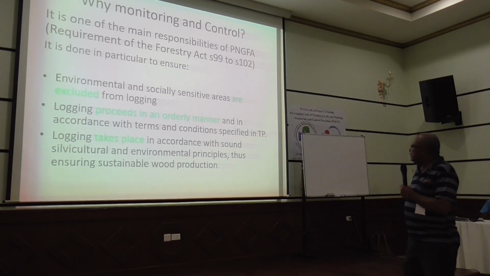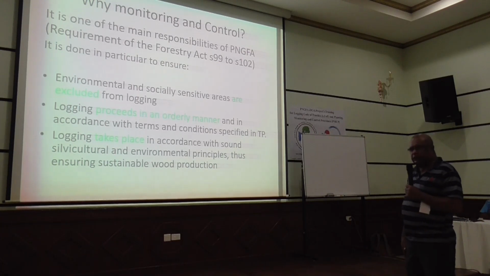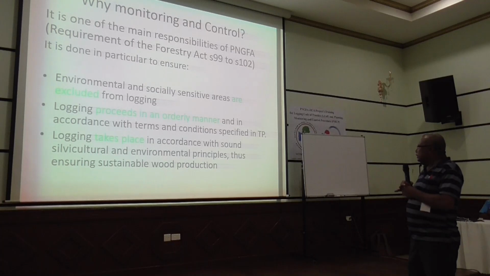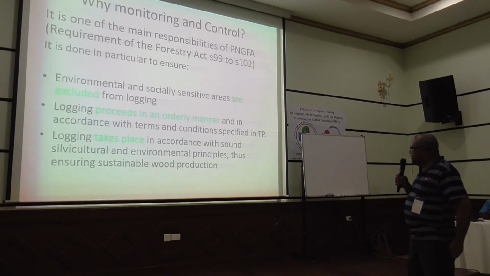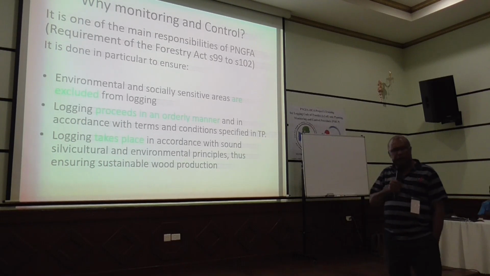All right. So logging can proceed in an orderly manner and in accordance with TP conditions. And also, logging takes place in accordance with sound silvicultural and environmental principles. In the end, hopefully we should have sustainable wood production.